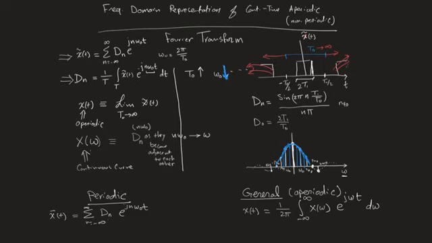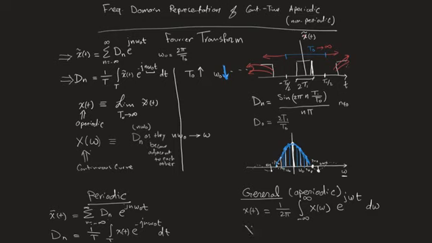What about the other one? The d n, which is how we calculate our frequency domain, was equal to 1 over one period, the integration over one period of x of t e to the minus j n omega naught t, integrated with respect to time.